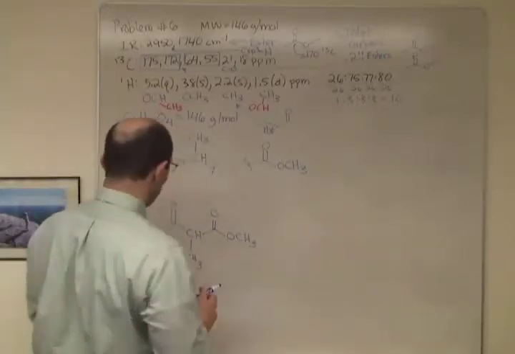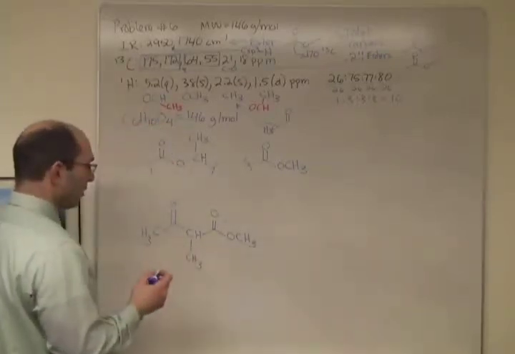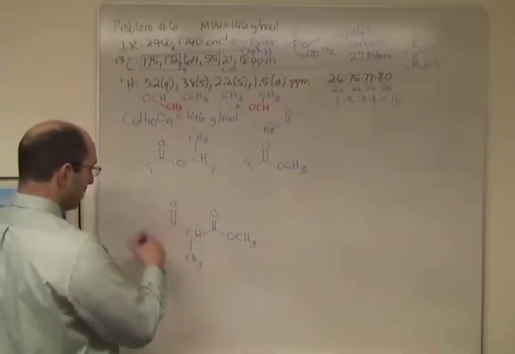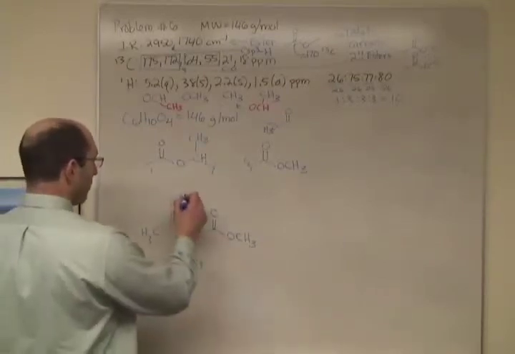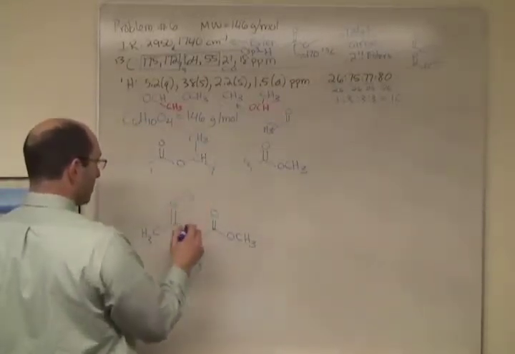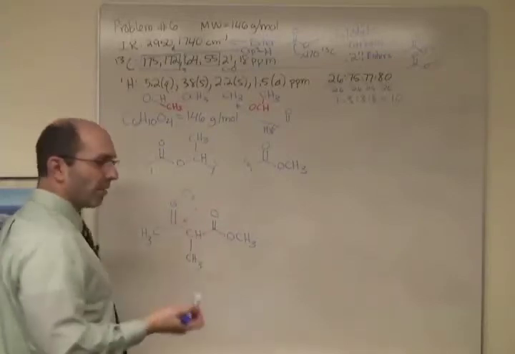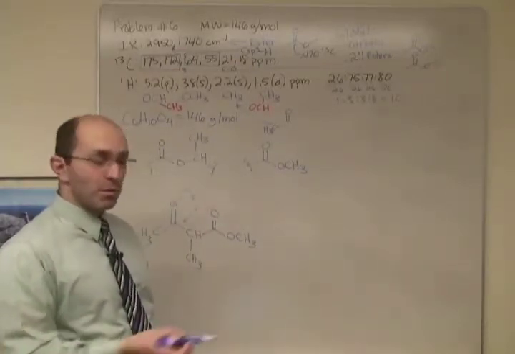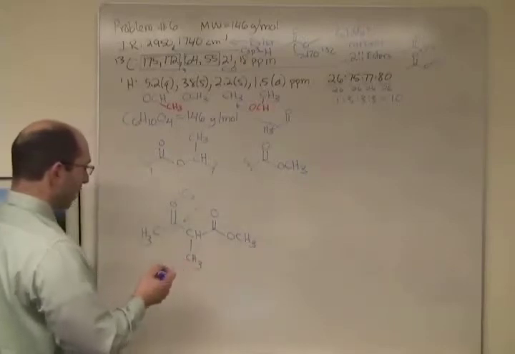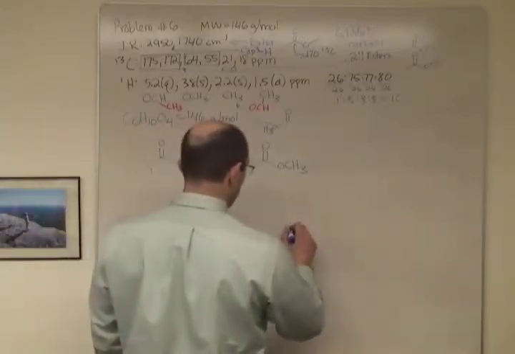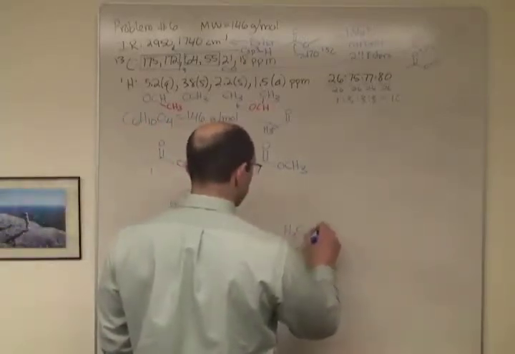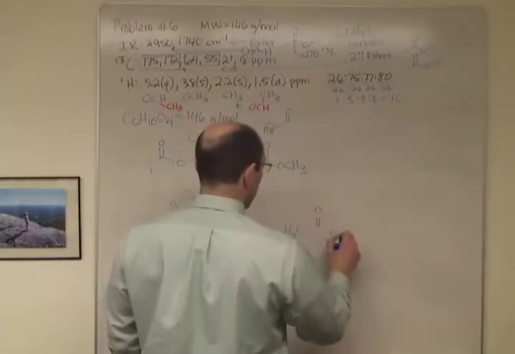And I forgot an oxygen. This is really important to do, because this often happens. I did this whole thing out, and I only have O3. So I forgot an oxygen right there. And this often happens when you're doing these problems out. You write it out, and then something doesn't look right. So let me write this again so I can actually get the correct molecular formula. All right, there's my ester.